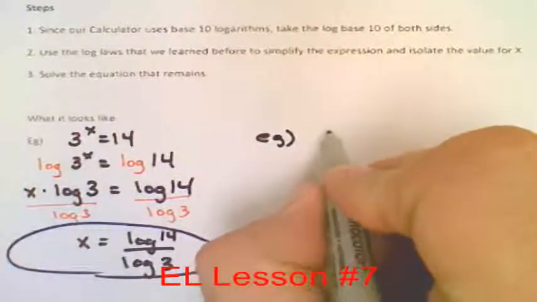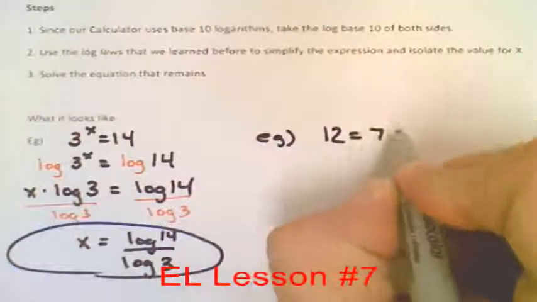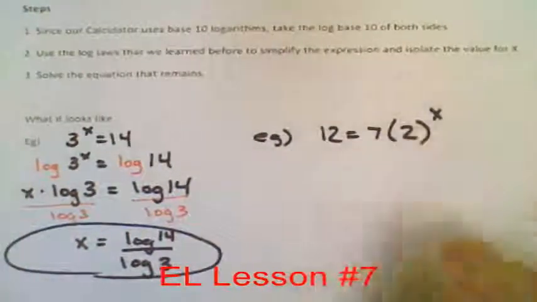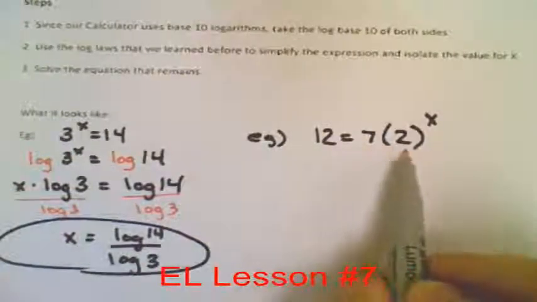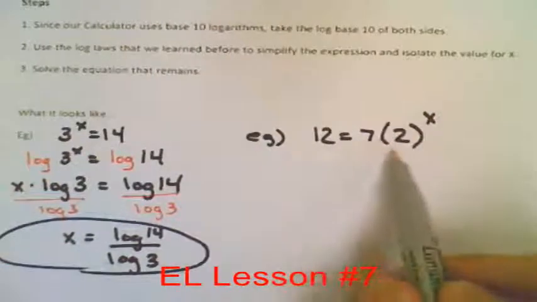So if I give you another exponential equation, example: 12 equals 7 times 2 to the power of x. Okay, so I've got this one here. Now, we know that we'd have to divide by the 7, because we can't put these together.